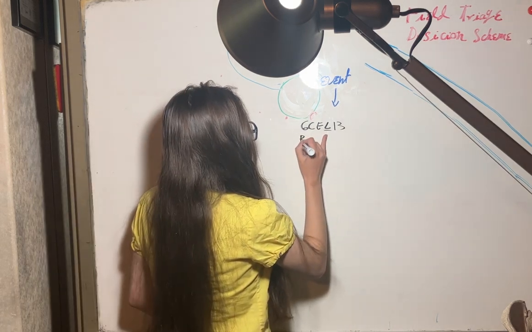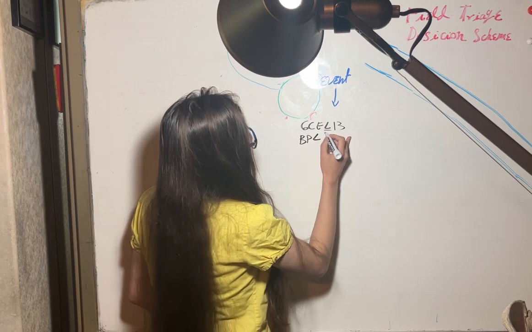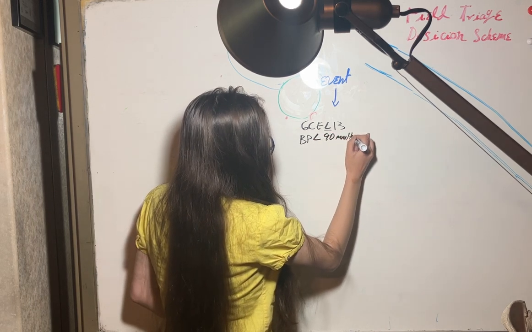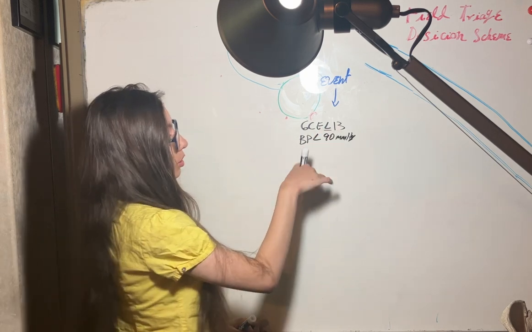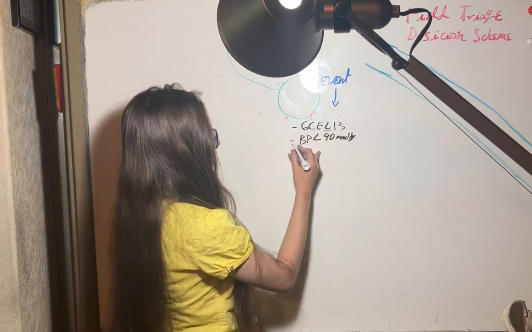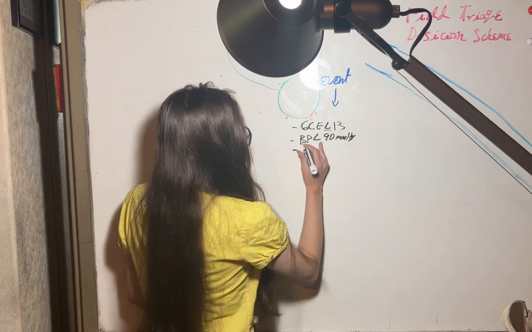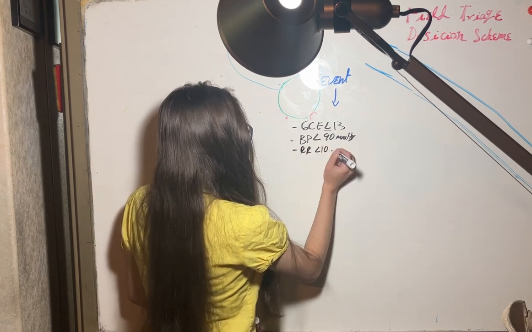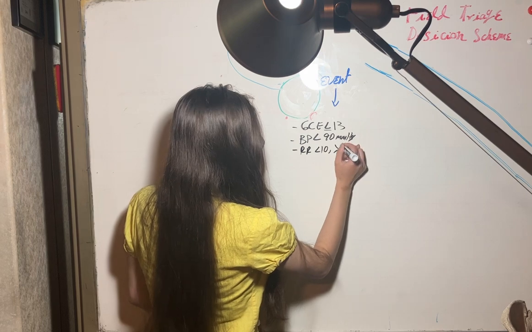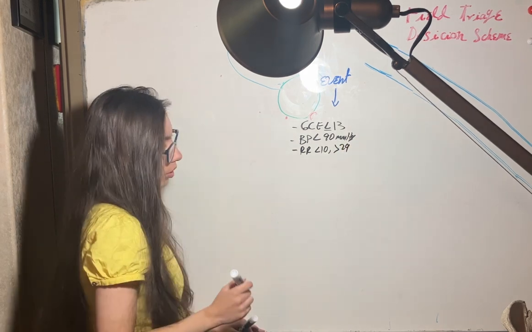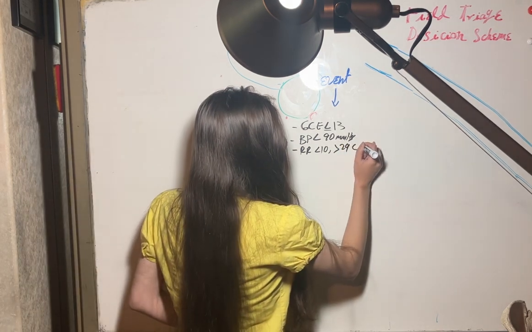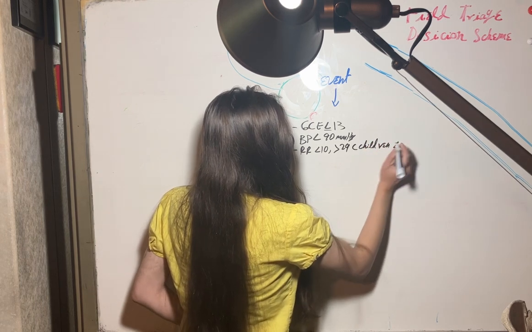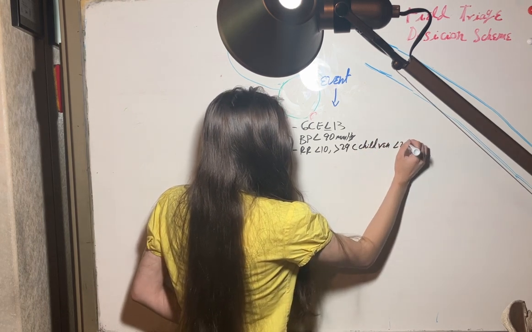If the systolic blood pressure is less than 90 millimeters of mercury, the patient needs to go to a trauma center. Or if the respiratory rate is less than 10 or greater than 29 in adults, or in children less than 20.